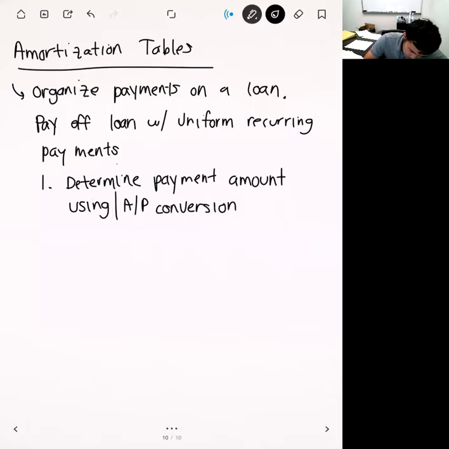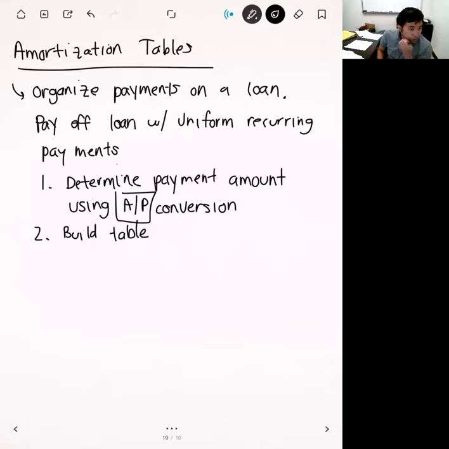Okay. Right. And then number two here is that you build the table. And I'll go over just very briefly about how you build each column of the table, in this next example.